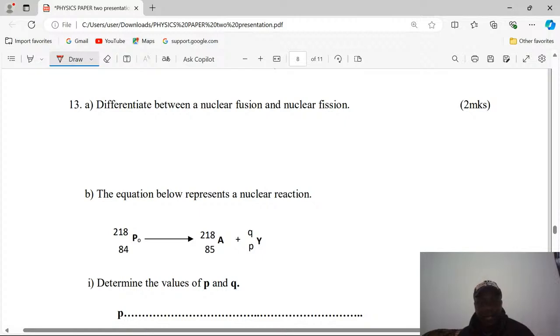Differentiate between nuclear fusion and nuclear fission.